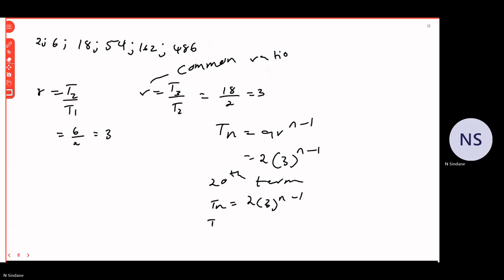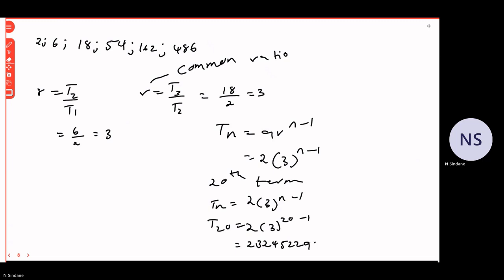Let's see. 2 into 3 to the power 20 minus 1. I'm getting 23,245,229,34. If you are good with numbers, you can just call out that number.